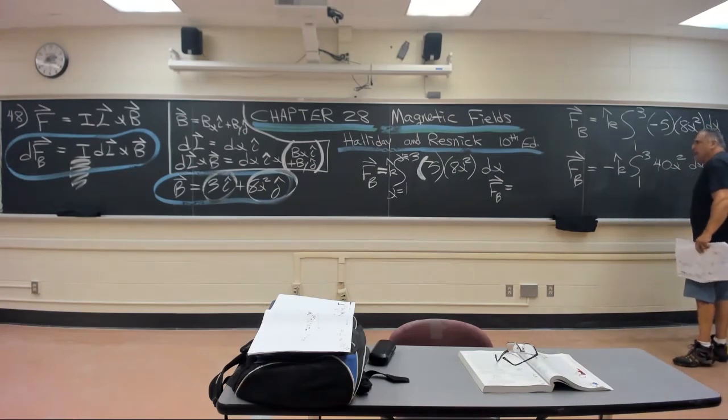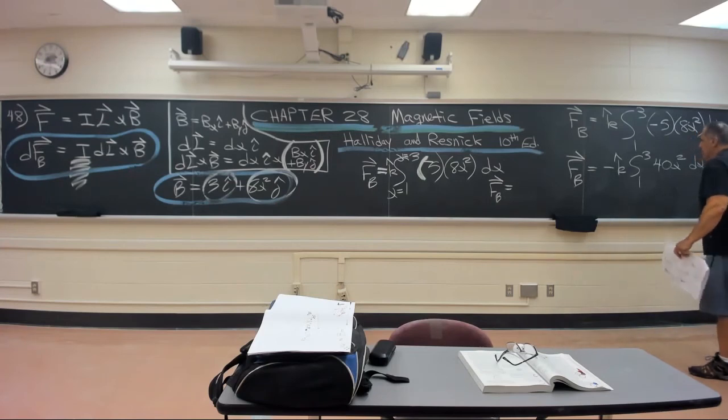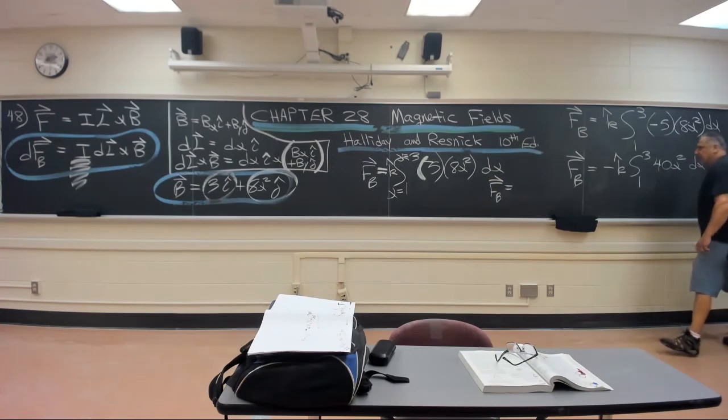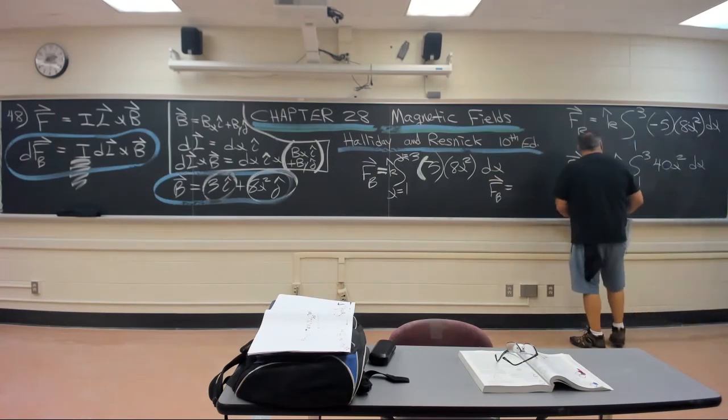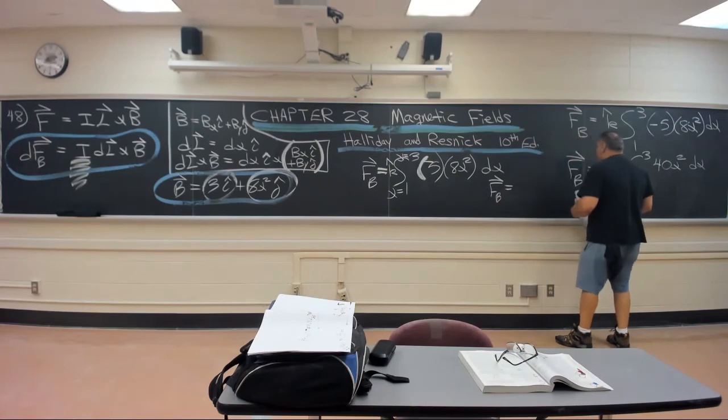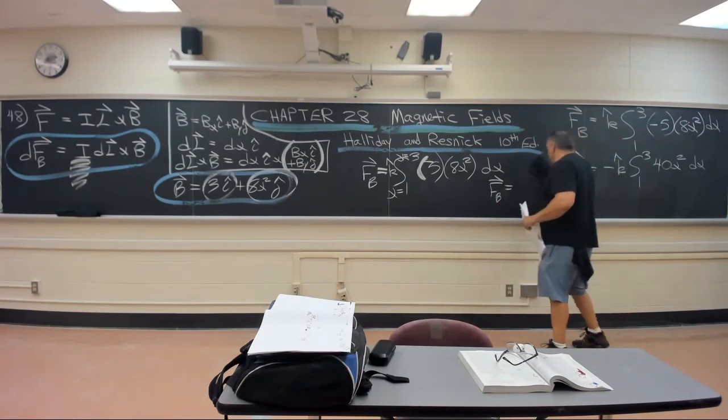Now, how we're actually going to get this done: the integral here, by the power rule, is going to be 40 over 3 x to the... Running out of room here again, guys.